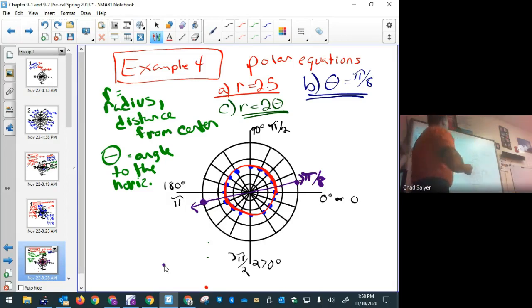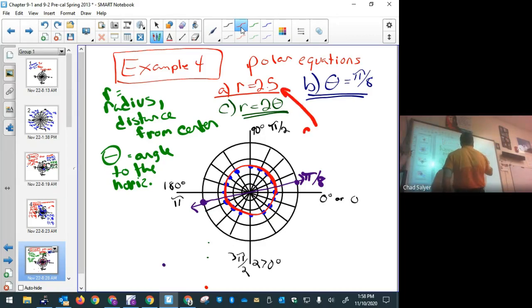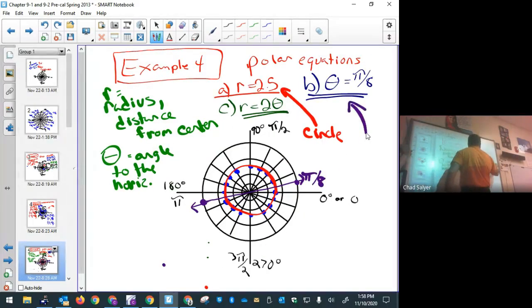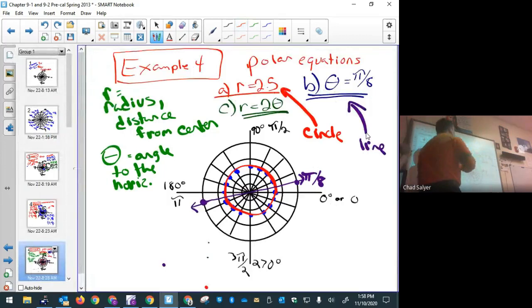Now, a function of theta, a curve. So we had a circle. We had a line. And now this last one in green is a curve.